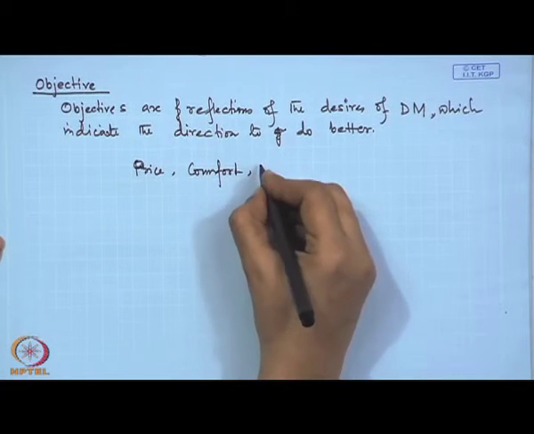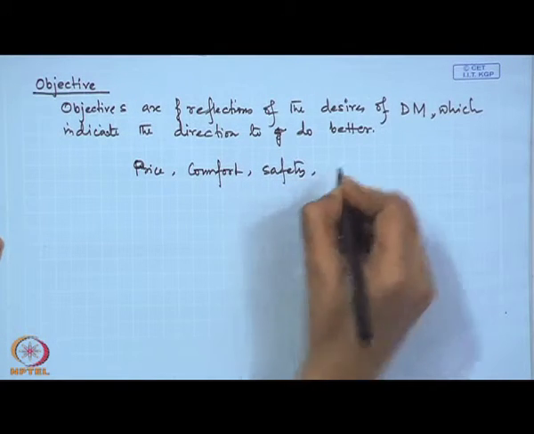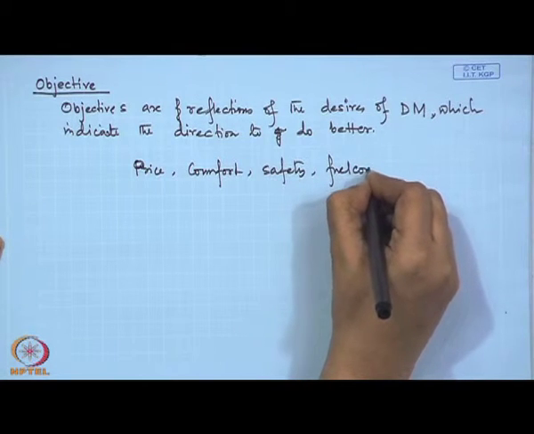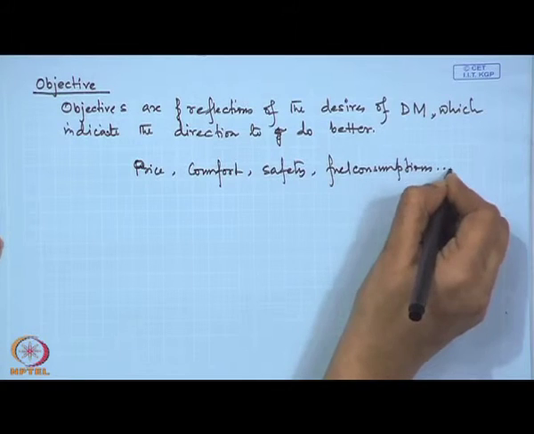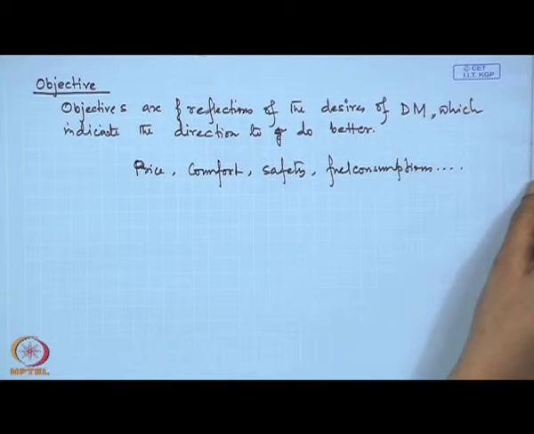Another objective could be safety, another objective could be fuel consumption, etc. Now, we want to minimize price, we want to maximize comfort, we want to maximize safety, at the same time we want to minimize the fuel consumption.